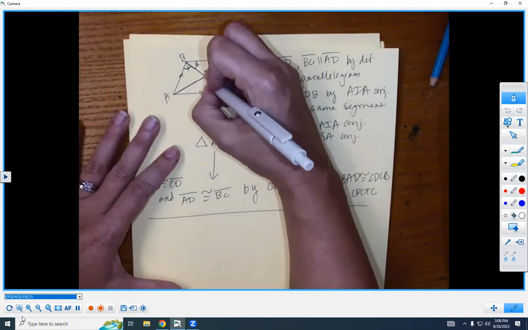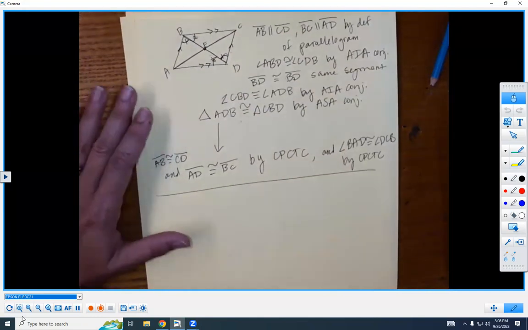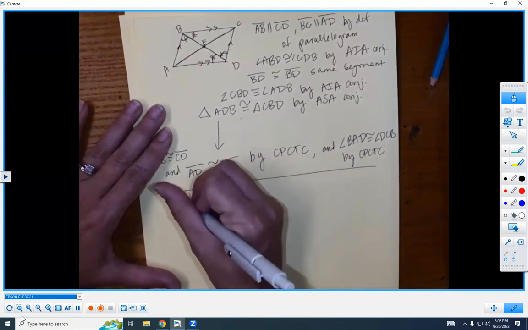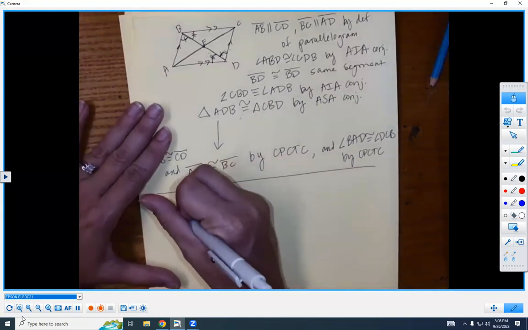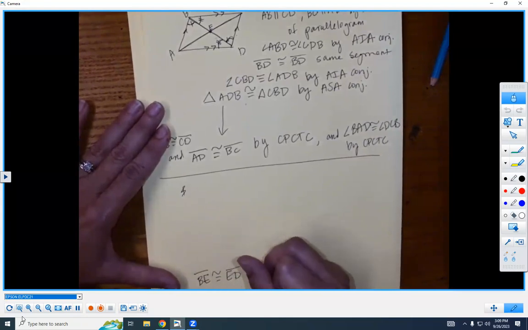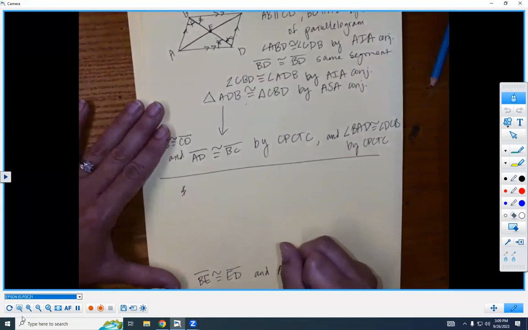I'm going to call the middle E. So my goal here is that BE is congruent to ED, and AE is congruent to EC.